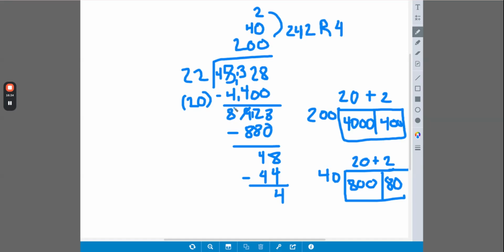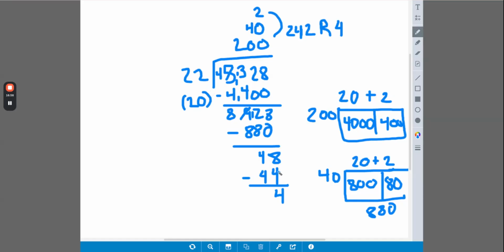And so then I subtracted that to see what I have left. Have 928 left. And then I divided that by 40. I put 4 tens in each group. And that made 40 times 22 is 880. And then I subtracted that from what the dividend was, and I was left with 48.